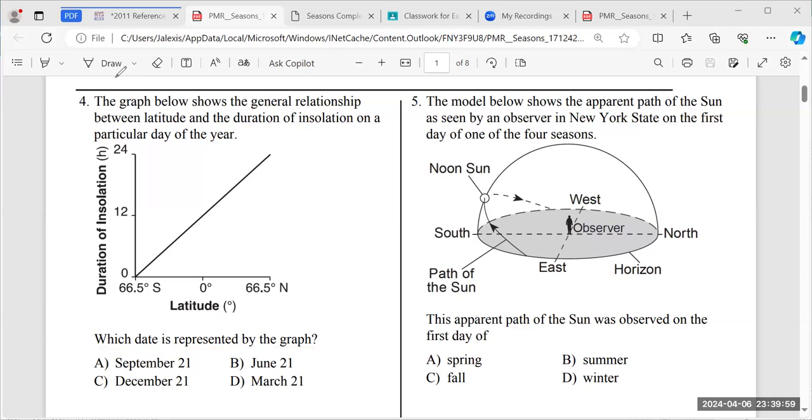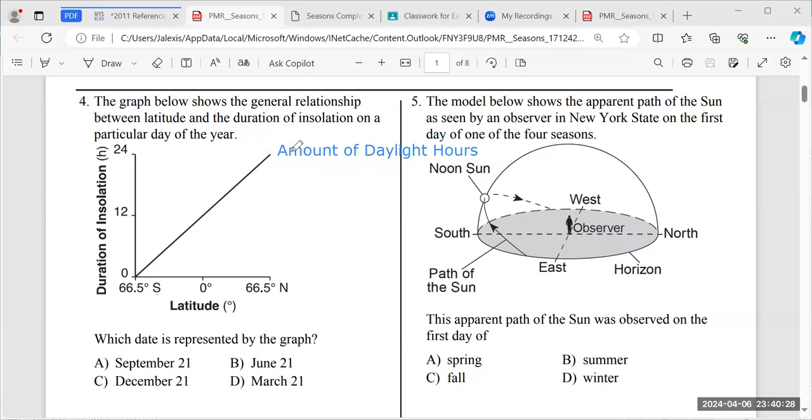When I'm looking at this graph, here's what I know first and foremost that we need to know right off the bat. The duration of insolation is equal to the amount of daylight hours. That's something that we have to remember. I'm going to move it so that way we can see it right here.